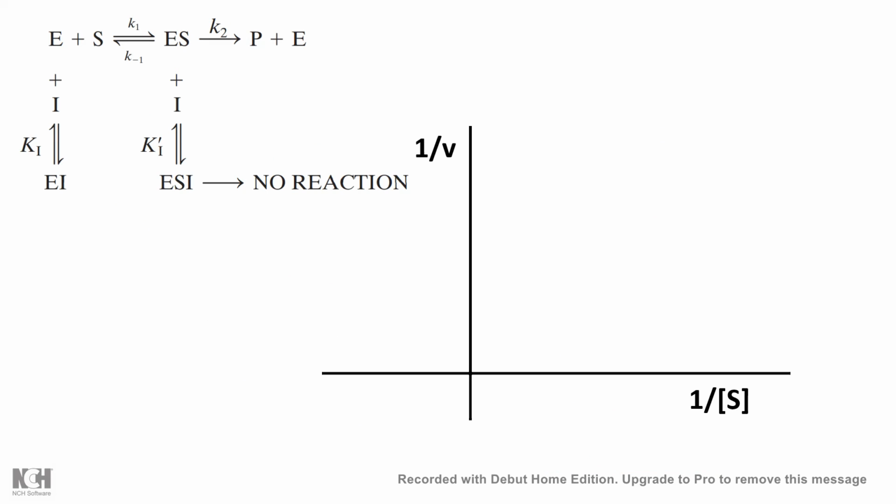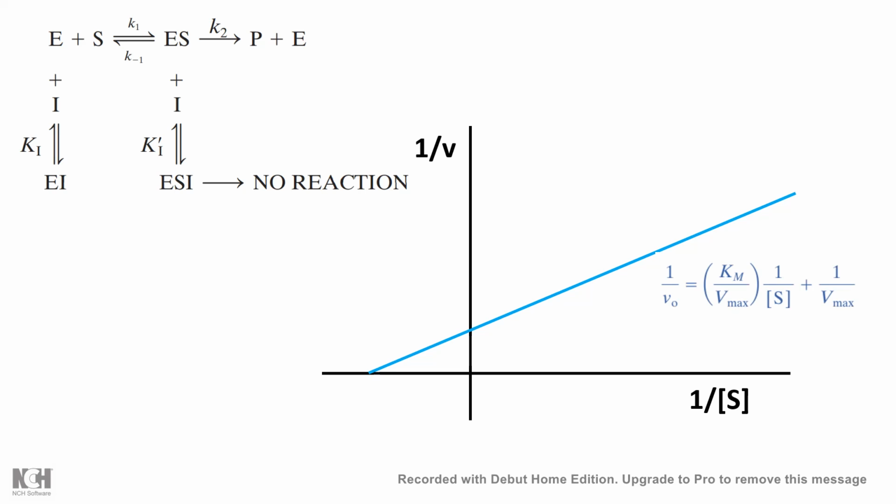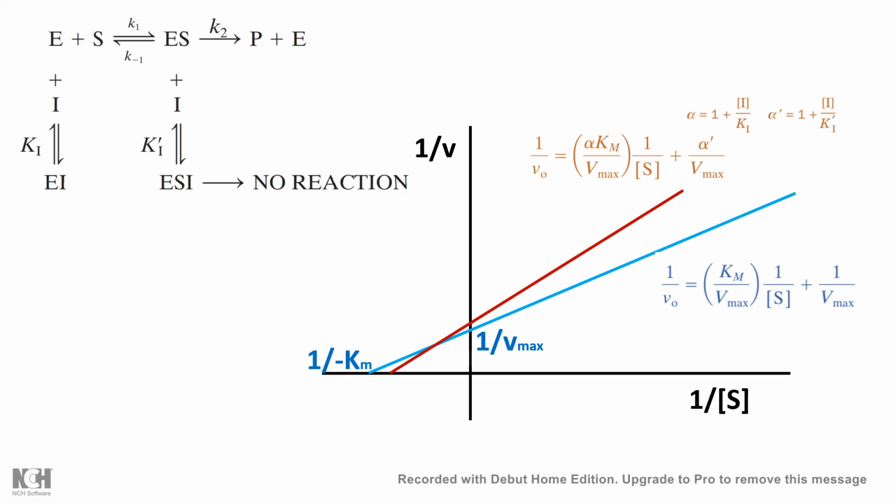This is how the kinetic data look in the normal situation of the Michaelis-Menten equation, where the slope is Km by Vmax, and this equation is a straight line plotted in 1 by V versus 1 by S scale, and the intercept is 1 by Vmax. Now in mixed inhibition, both the slope and the intercept have changed.